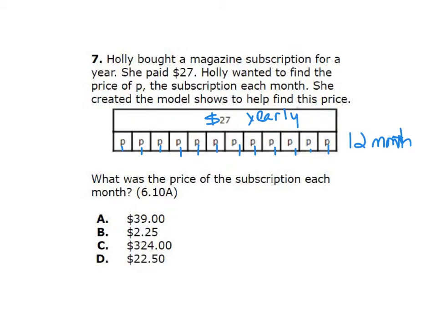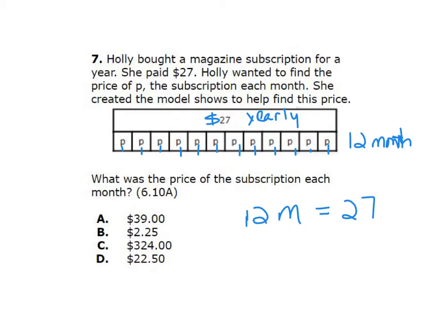So if there's 12 months and she paid $27, then I know it's 12 times the number, I'm going to put M for month, is equal to 27. In this case, because there's $27 as a whole and you have the subscription for 12 months, that means you're going to divide.